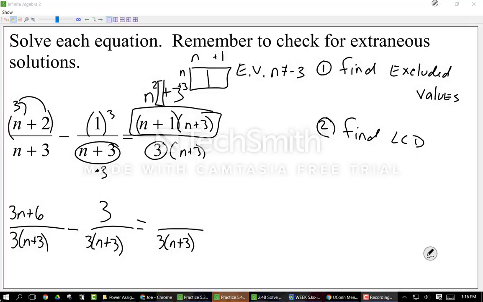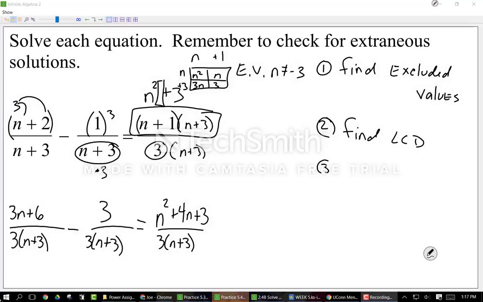Now I have my box, n squared, n, 3n, and 3. So it should be n squared plus 4n plus 3, not just n squared plus 3. If you forget to do a box when you're multiplying binomials, you're going to get your values wrong. Okay, it's not even going to be close. It's going to be wrong.